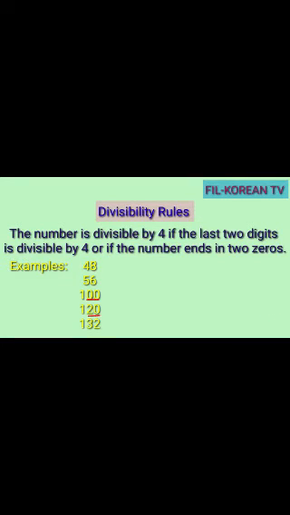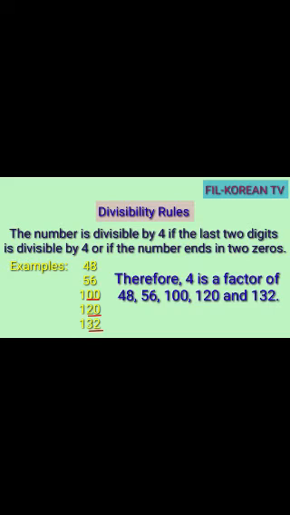Ang 120 nagtatapos sa 20. Ang 132, ang 2 last digits niya ay 32. Ang 20 at 32 ay pwedeng ma-divide sa 4. Kaya yung 120 at 132 ay divisible by 4. Ang 100 naman nagtatapos sa dalawang 0, kaya pwede siyang i-divide sa 4.